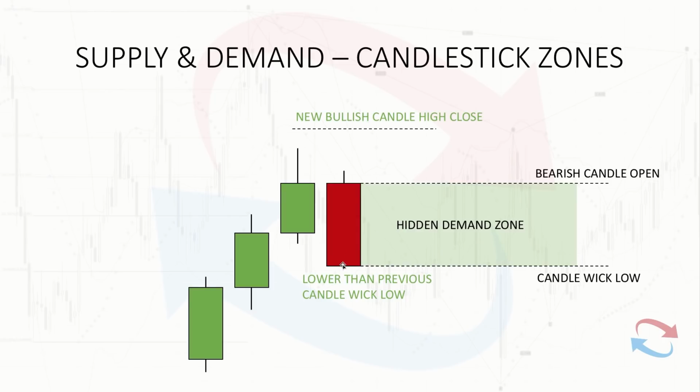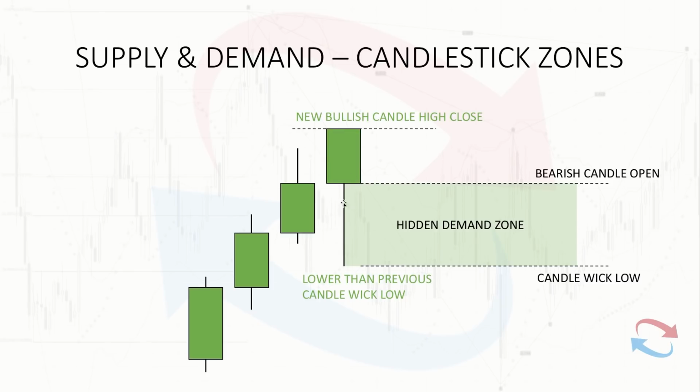But then for whatever reason, it could have been a fundamental event, etc., prices and demand came in and pushed prices higher than the previous day. So you would have had something like this at some point, where prices got back to where it was at the start of the candle, and then you had a close higher.